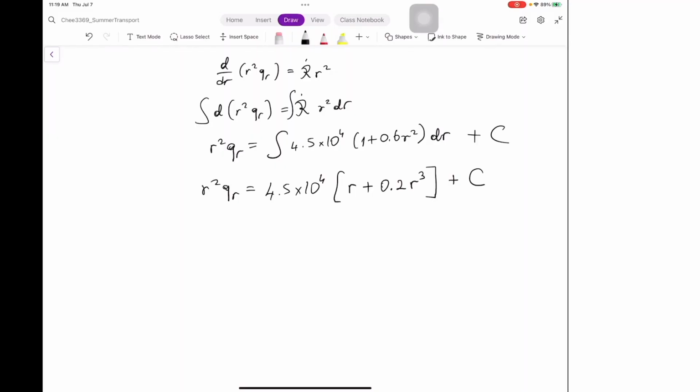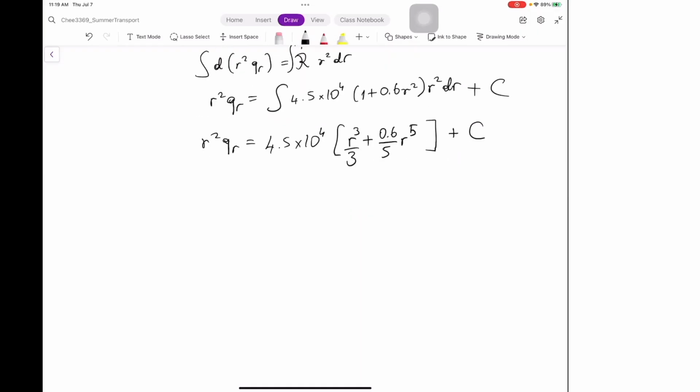Yeah, I'm missing an R squared. How many mistakes am I making here? Thank you for following it. So this is going to be R cubed over 3, and this is going to be R to the 5 over 5, right? There you go. And I have C there.